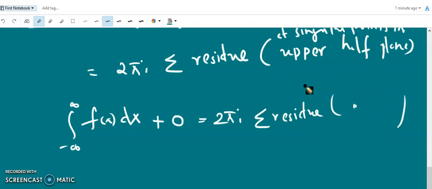So we have to remember these three conditions. f of z is analytic in the upper half plane except for a finite number of poles. The number of poles in the upper half plane should be finite.